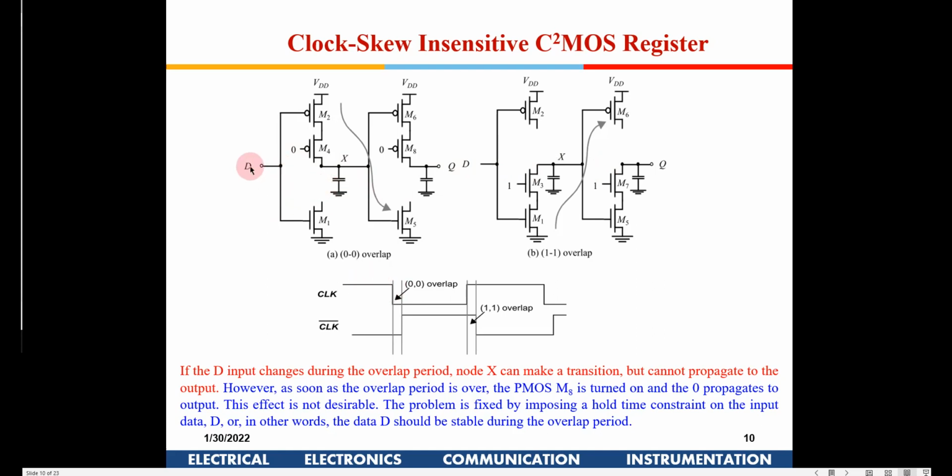So if you don't allow D to change during the jitter time, then only the previous data will be sampled. So that is the second problem. The first problem is as such eliminated, it is not transparent. The second problem of data D changing during jitter being reflected at the output can be avoided by imposing a constraint of hold time.